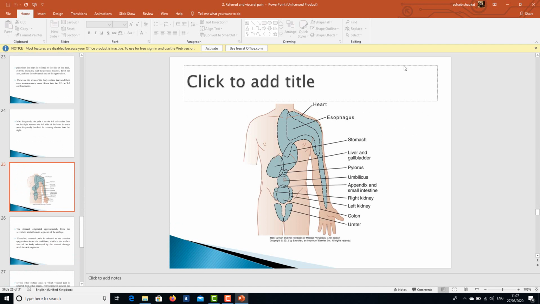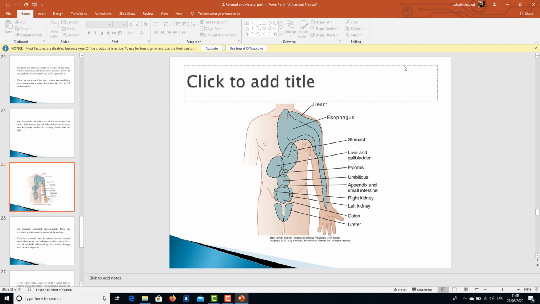You can see that these are the areas of different viscera, and these are the areas where the pain is felt. If it is of the heart, over that side; stomach, liver, gallbladder, pylorus, umbilical region, appendix, small gut, kidneys, colon, ureter.